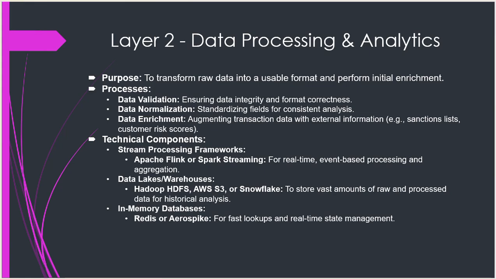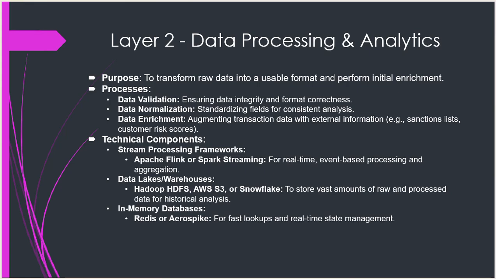All of that will be added in those fields. In that process, the technical components are the stream processing framework, the data lake and warehouse, and the in-memory database. Basically, the stream processing frameworks are Apache Flink and Spring Streaming, for real-time event-based processing and aggregation.